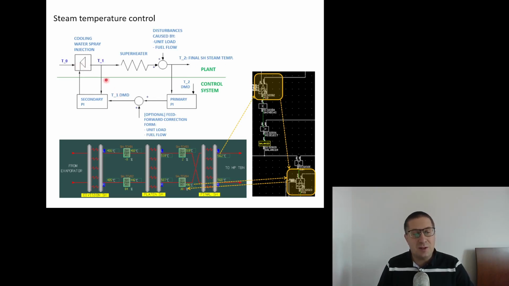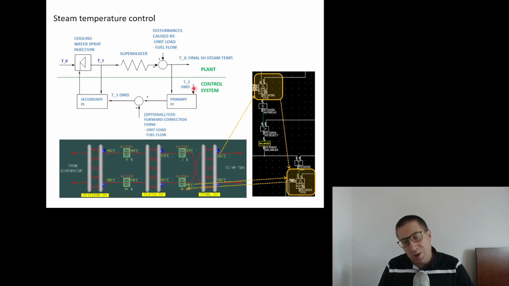We would not even calculate what should be the T1 temperature. We would rather calculate what should be the set point for this T2, and we will assume that the primary controller and the secondary controller will do their job, will handle it.